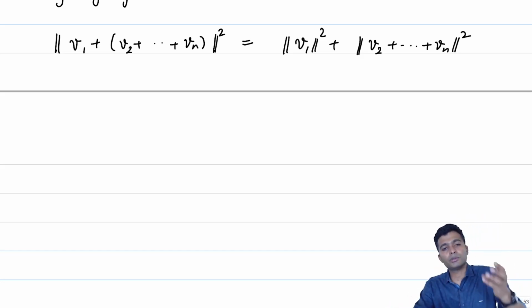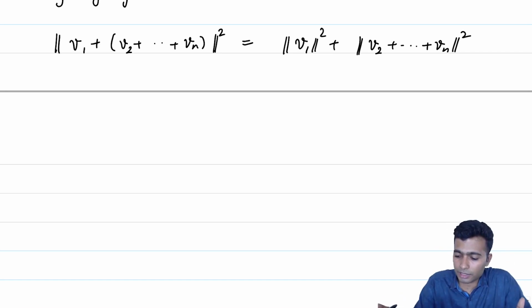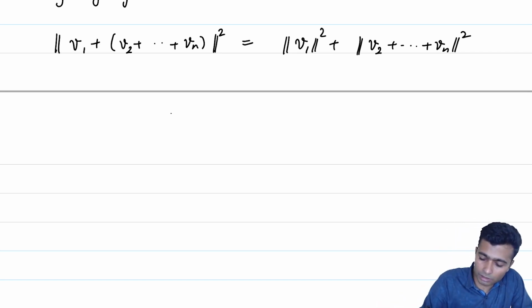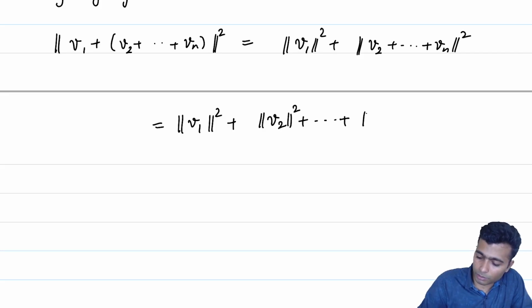And if you consider V2, V3 up to Vn, there are only n minus 1 mutually orthogonal vectors. And by induction, this is equal to the length of V2 square plus up to the length of Vn square.